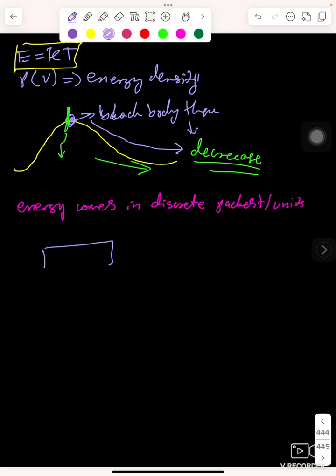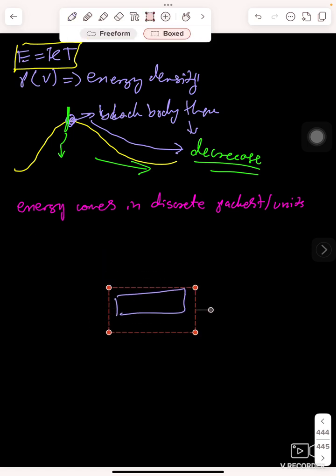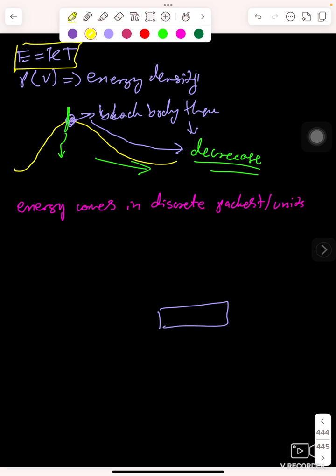So how did he explain the photoelectric effect using it? Let me illustrate what the photoelectric effect shows.